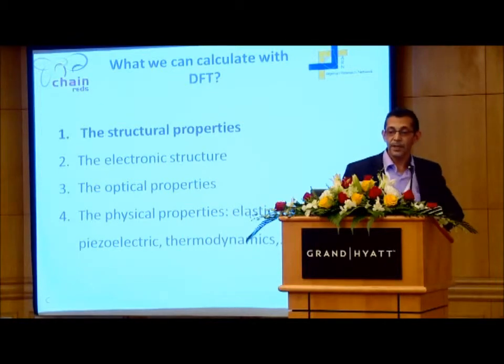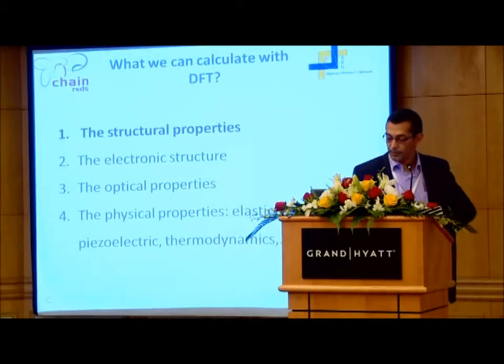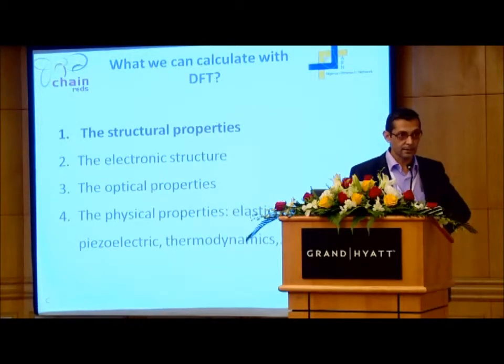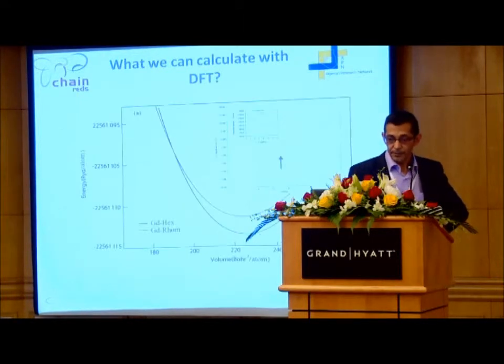What can we calculate with DFT? There are many very important properties we can calculate with DFT. The structural properties: we can plot the energy curve versus the volume or the cell parameter.